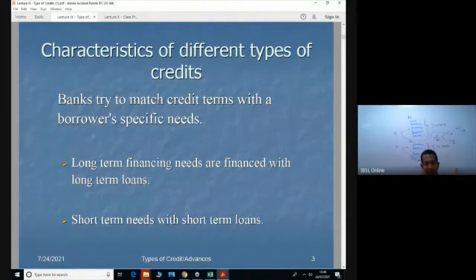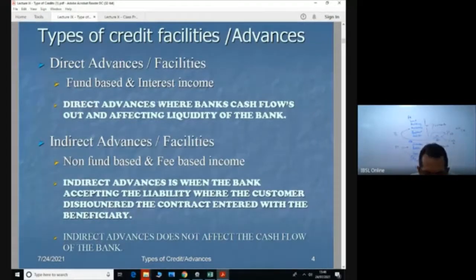So we have to match the product lifespan and the asset lifespan. Then we categorize the facilities into two things: direct facilities or direct advances, or indirect facilities or indirect advances, right? For direct facilities, we use terms like on balance sheet facilities. For indirect advances, we use terms like off balance sheet contingent facilities.